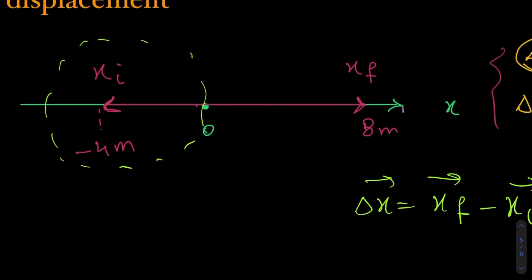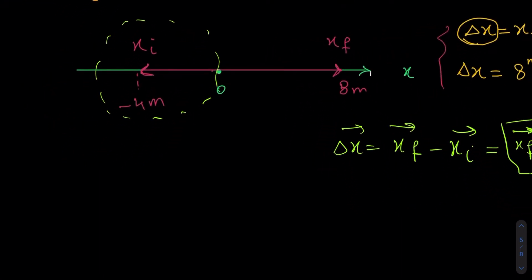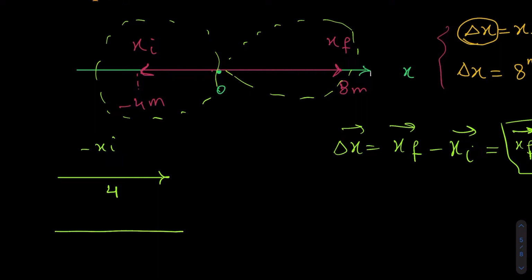So this is my initial position, and minus the initial position vector will be this vector. The magnitude is the same, but the direction is different. And I also have the previous vector, which is the final position vector. Let me write it above. So x final, and the magnitude is 8 meters. So 4 meters, 8 meters.